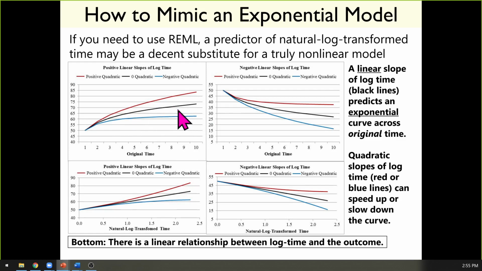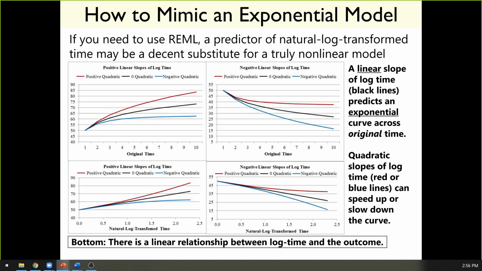And you can take that exponential-ish kind of curve and you can speed it up or slow it down by adding a quadratic effect of log time. So this is a twist on a random quadratic model that is likely to make it more plausible for most kinds of data. The downside of said twist is, what the hell is log time?